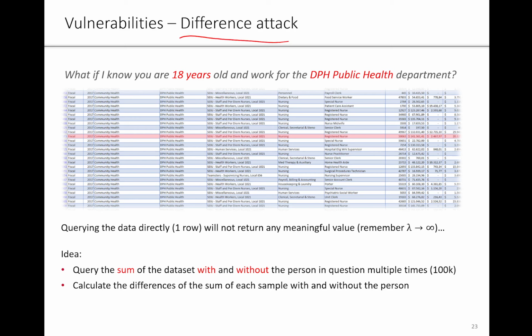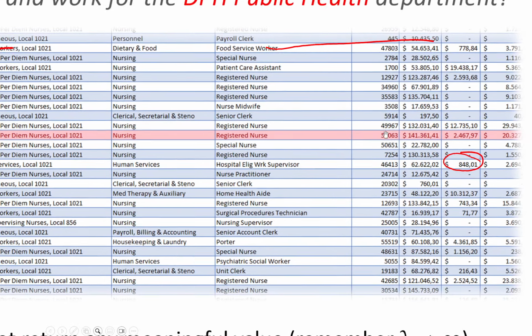What's the problem that is still open? The problem is if you ask very detailed questions, if you are able to make some specific constraint on what you ask. So let's say you are below 18 years old and work in public health, and have the user ID 50,063.